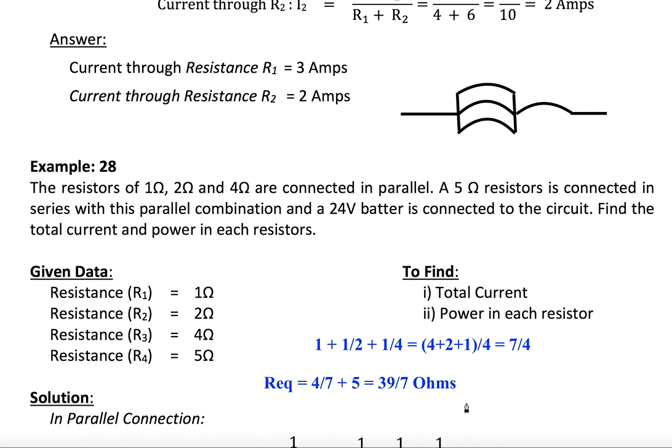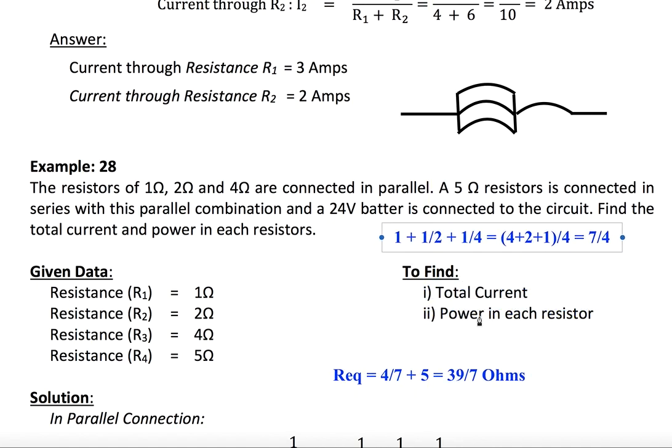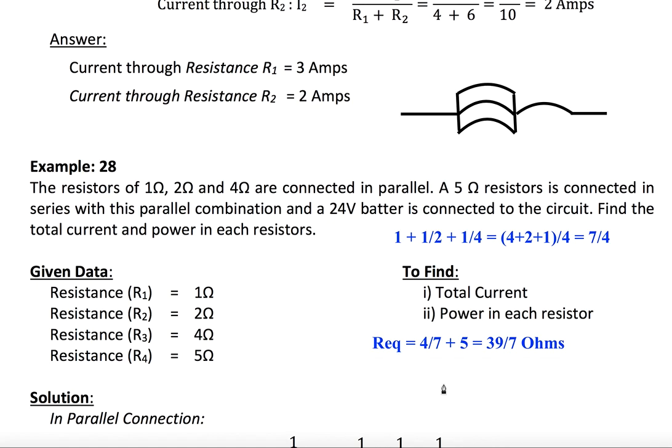If this is 39 by 7 ohms, then what is the total current I? Total current I equal to V upon R equivalent, that is 24 upon 39 by 7. Okay, 24 into 7 upon 39.